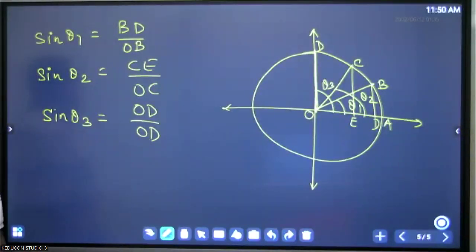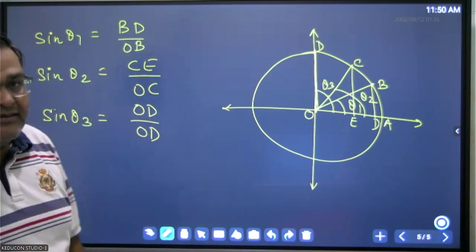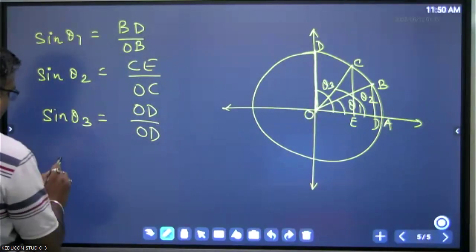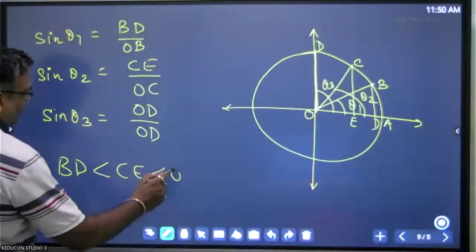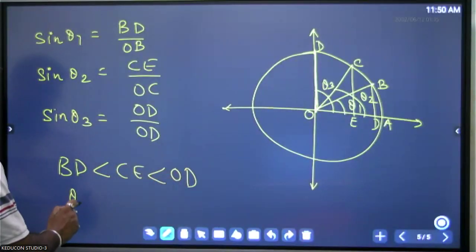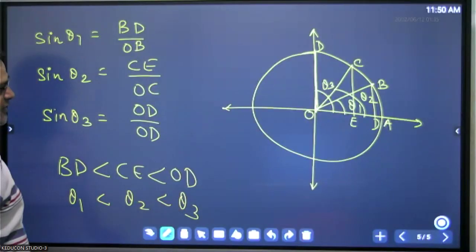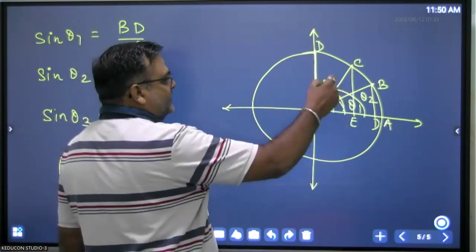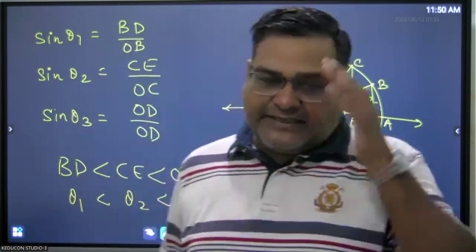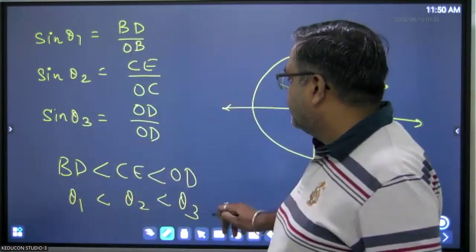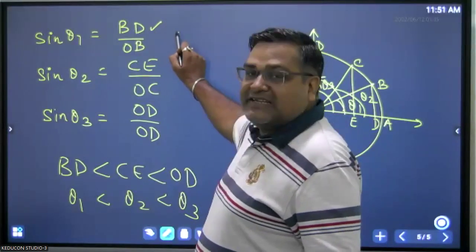Now if you see carefully, denominator is same in everyone, but BD is less than CE, means as the angle theta is increasing, the value of sin theta is also increasing. BD is the lesser of all, so this value will be the least.